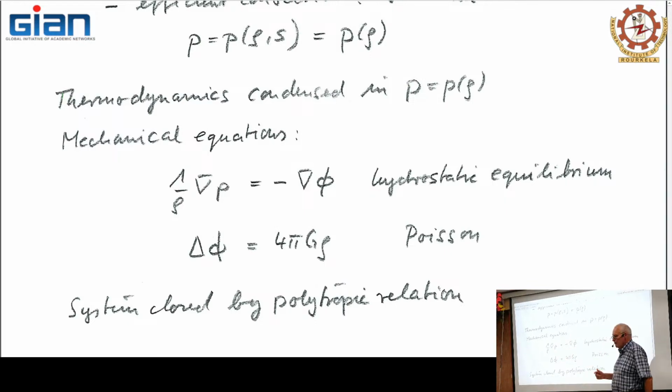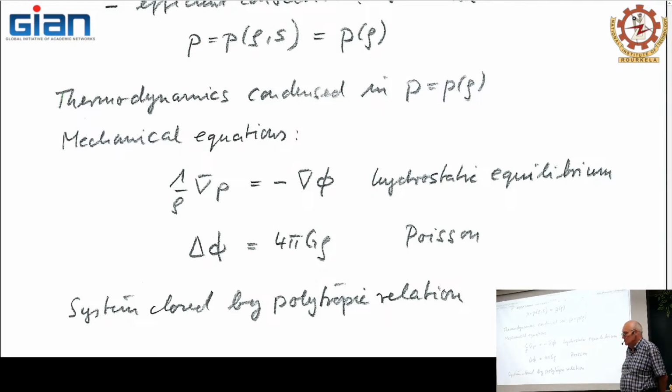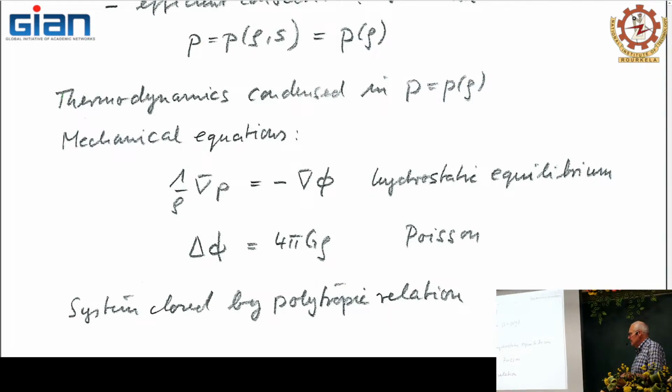So we need one more equation to close this system, and the system is simply closed by the relation between pressure and density. So the closure of the mechanical equation, Poisson's equation for the potential and hydrostatic equilibrium, is closed by the relation between pressure and density.